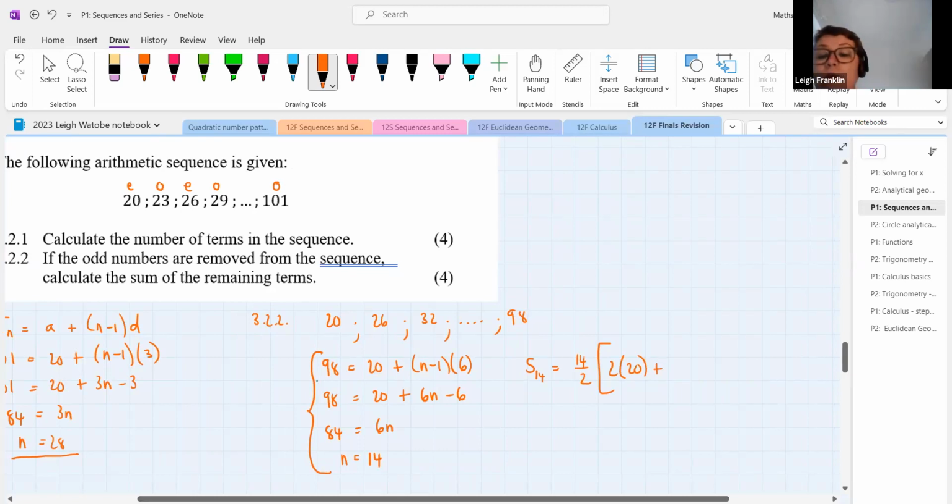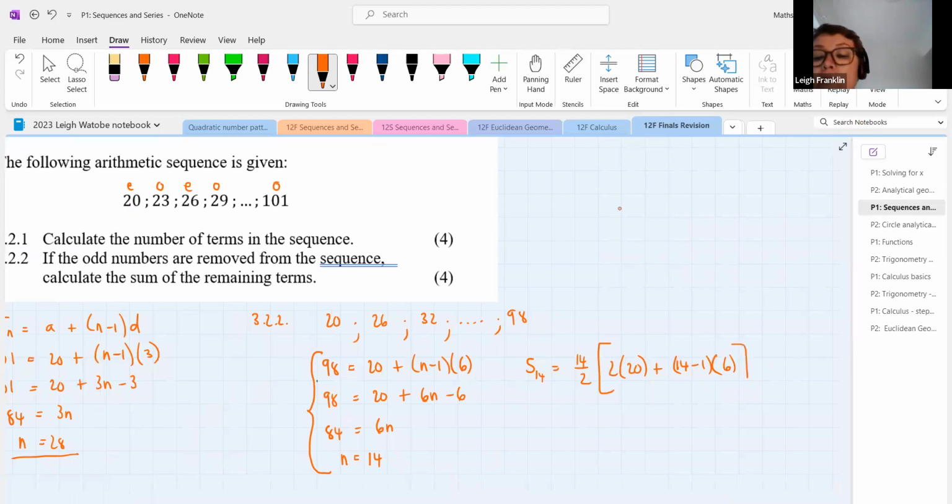And then here we would have our n minus 1 times our difference, which we now know is 6. Okay, does that make sense to everybody?